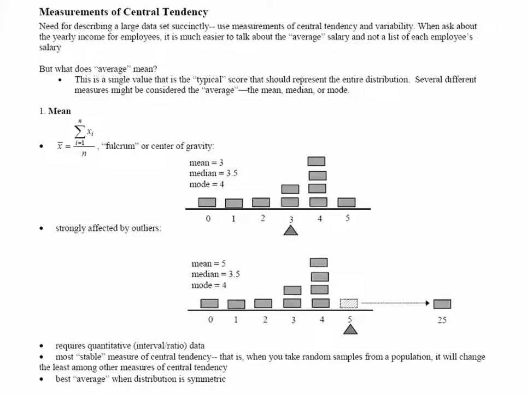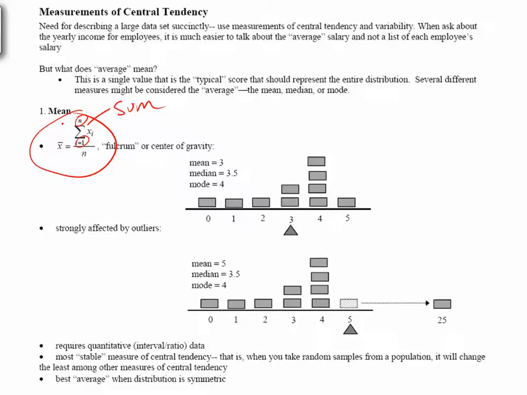The mean is measured by summing up all of the observations. So don't let the math symbols that we use in this course bother you. This symbol right here is the Greek symbol, a capital S or sigma, and it simply means sum. So for the mean, we're going to sum from the first observation to the last observation.